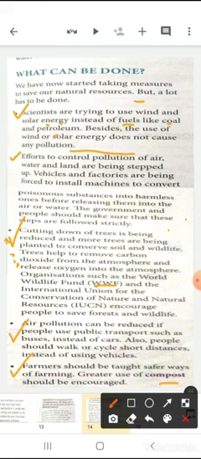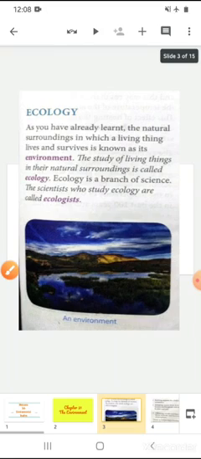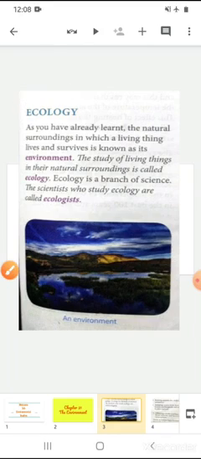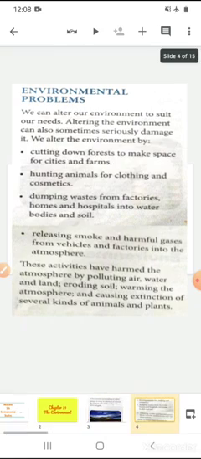Okay, children. What we have studied in this chapter is ecology. First of all, what is ecology? The study of living things in their natural surroundings is called ecology, and the scientists who study ecology are called ecologists. Ecology is a branch of science. Then we studied the environmental problems. What environmental problems are we facing? Cutting down of forests, hunting animals for clothing and cosmetics, dumping of waste from the factories, releasing smoke and harmful gases.